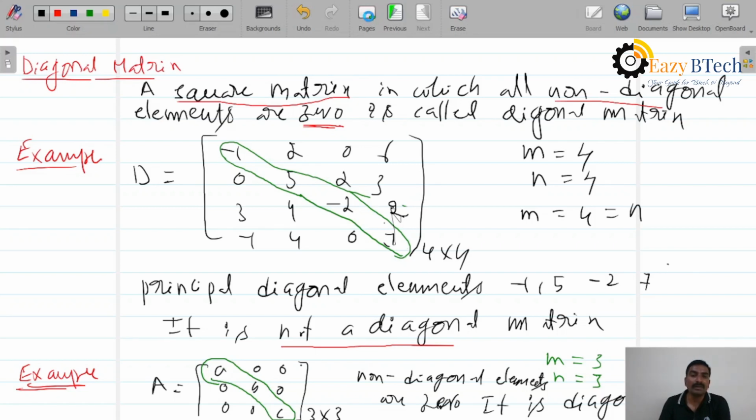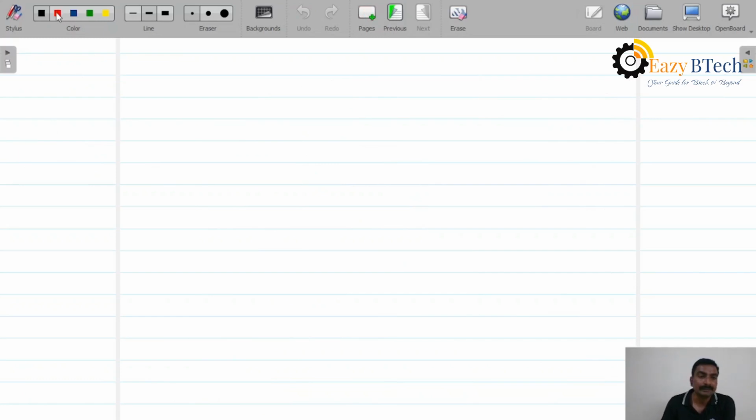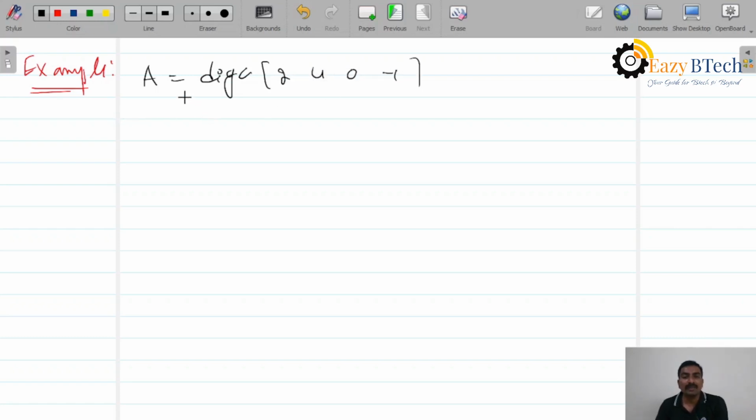See one more example of a diagonal matrix. Capital A equals diag of 2, 4, 0, -1. It is denoted by diag.